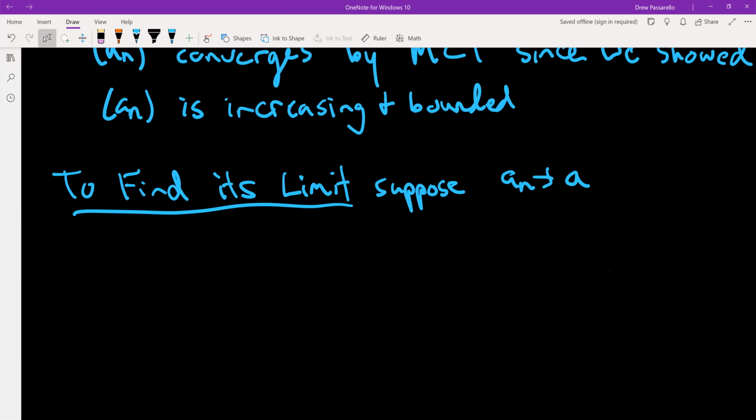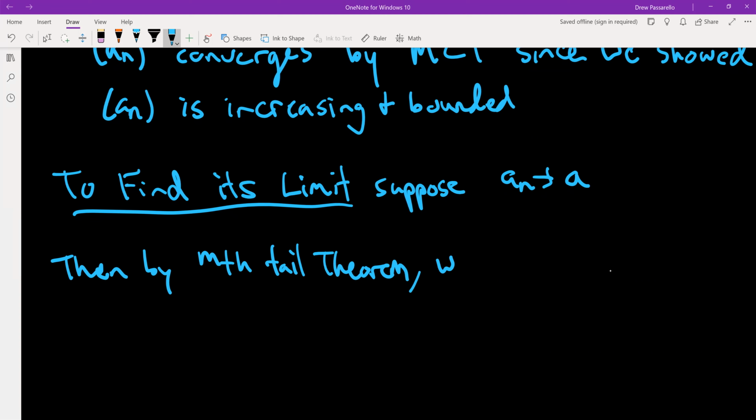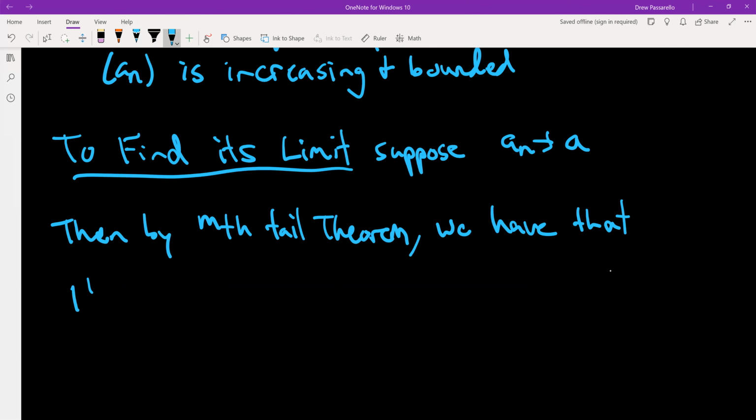Then we can say by the Tail Theorem, we have that the one tail, which is the sequence a sub n plus 1, also converges to the same value a.